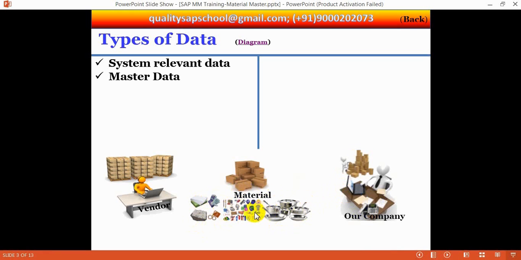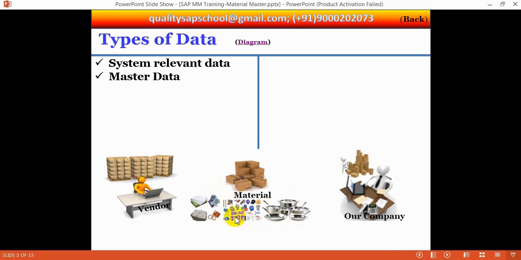Each type of material should have its own specifications, its own dimensions, its own sizes. Different materials will have different specifications, so each should have its own record. Each material will have its own record, and an organization requires thousands of materials, from pins to oil to finished goods.